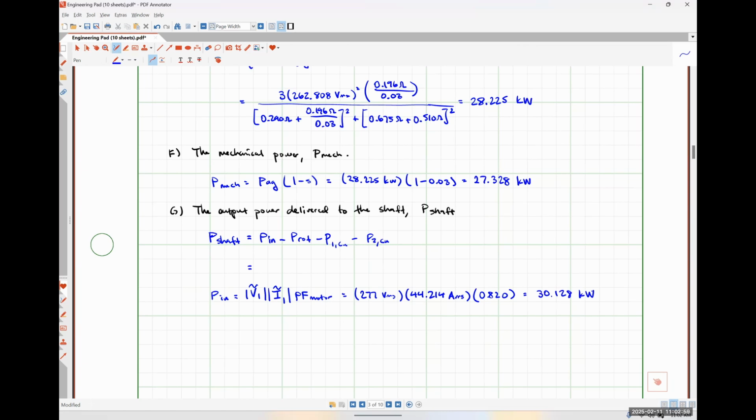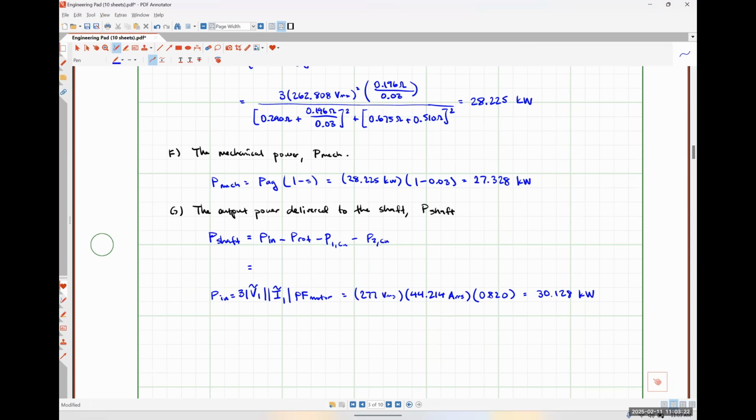Oh, so let me fix that very slightly here. I forgot a factor of 3, my apologies, because this is a 3-phase machine. So I took my answer and I multiplied it by a factor of 3. There we go.